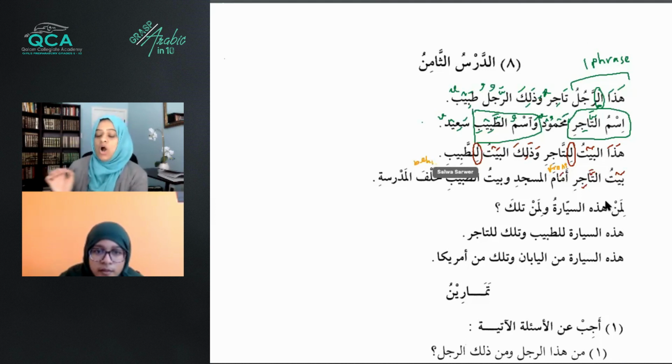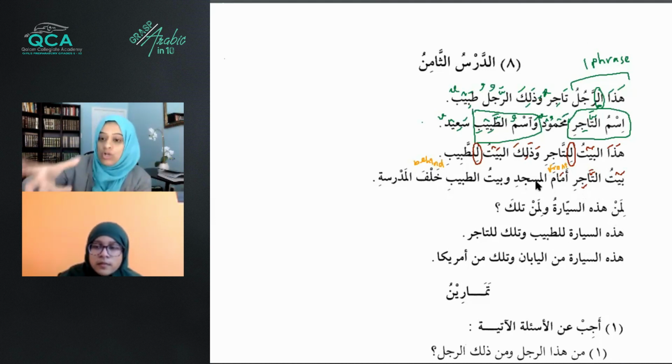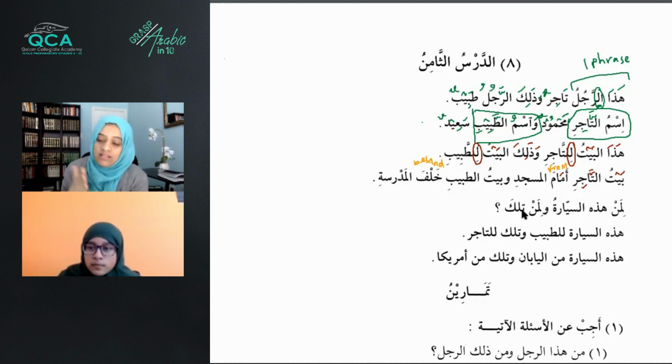So these act like mudafs, amama and khalf. Meaning what? There has to be a mudaf ilayh. The next word will look like a mudaf ilayh. It's not your typical idafa construct, but these are called special mudafs.